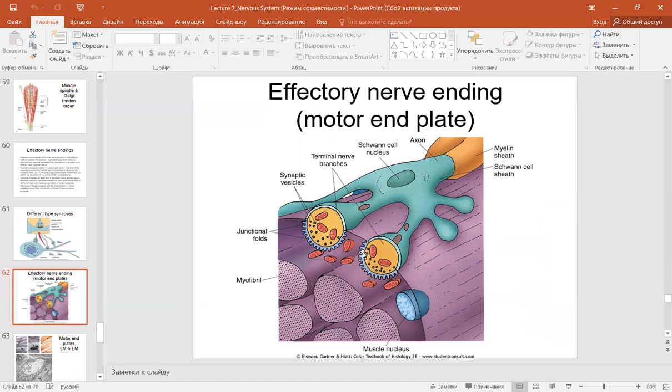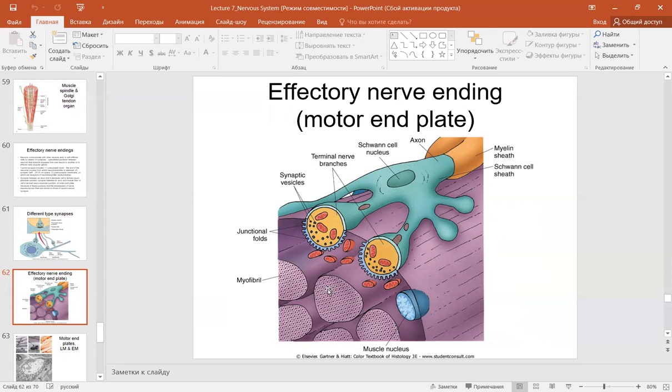Here is the synaptic cleft, and the postsynaptic membrane with invaginations containing the receptors in the postsynaptic density, and the invaginations increase the surface of the plasma membrane of the target skeletal muscle fiber.